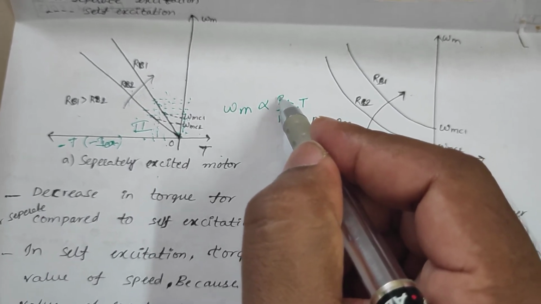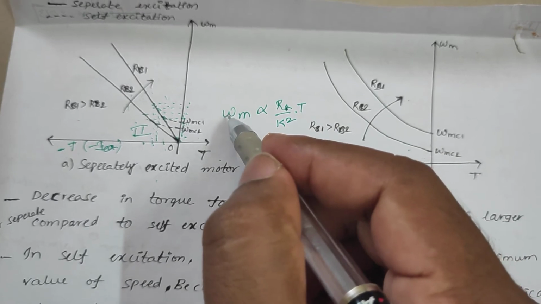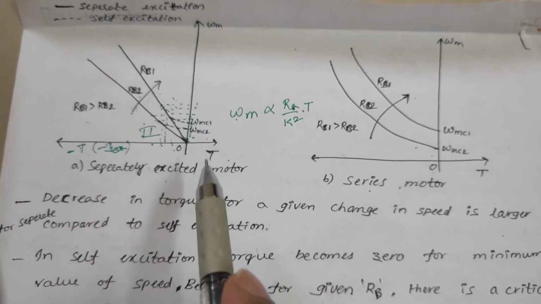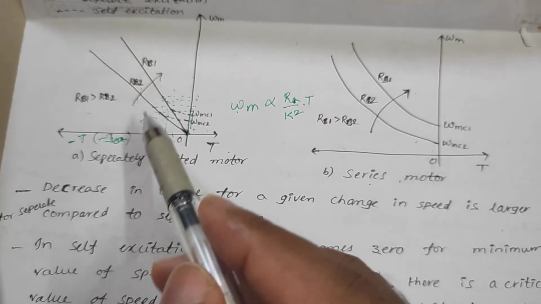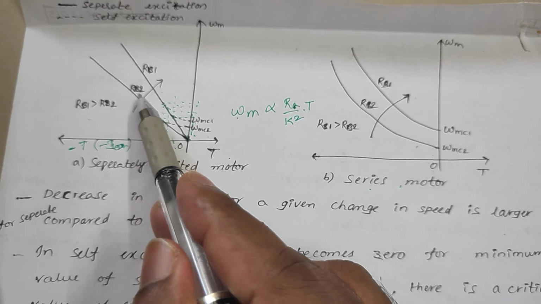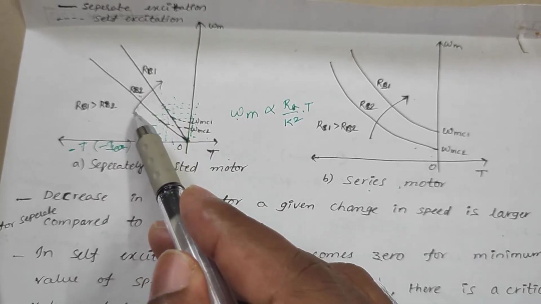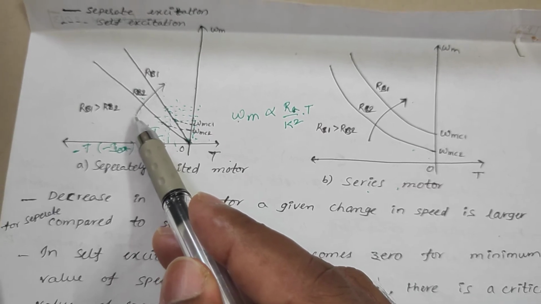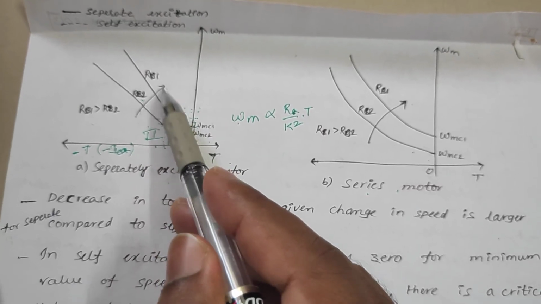So as your resistance is increasing, your speed will increase. Okay. So here, when your braking resistance is increasing, from RB1 to RB2, your characteristics will shift upward like this.